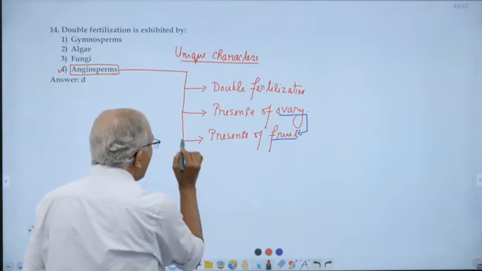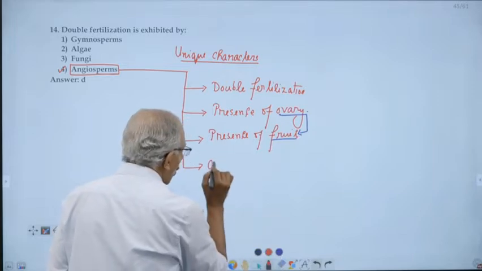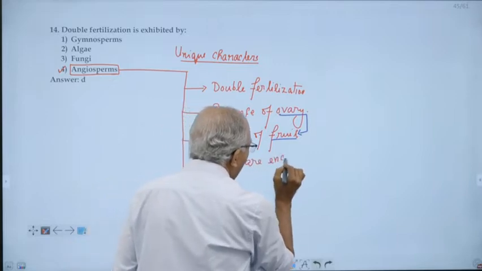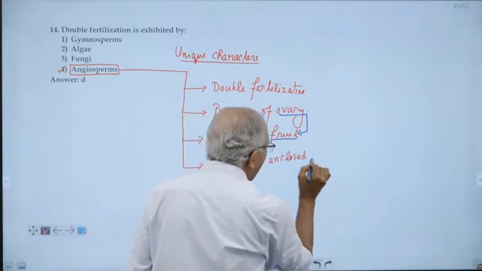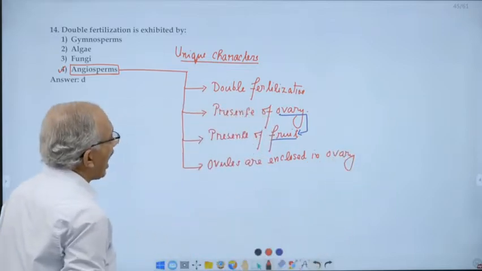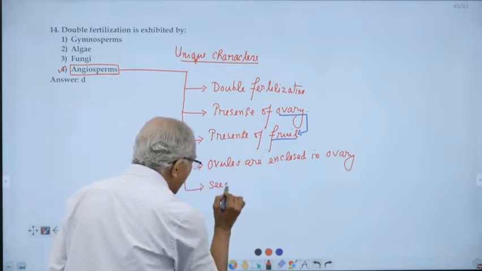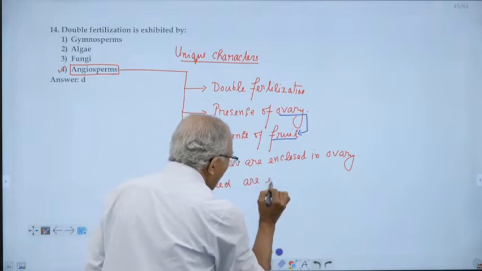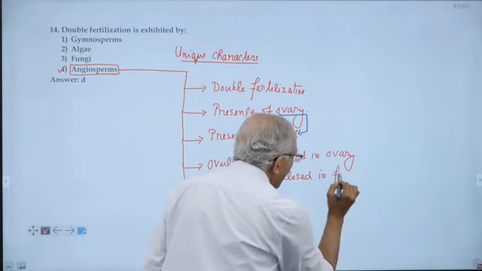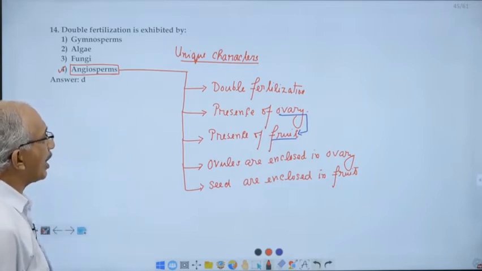The fourth character is that ovules are enclosed in ovary. Next, seeds are enclosed in fruit. That is, seeds are not naked.